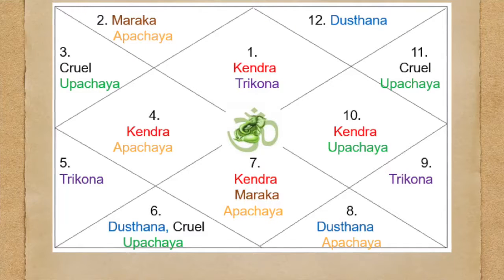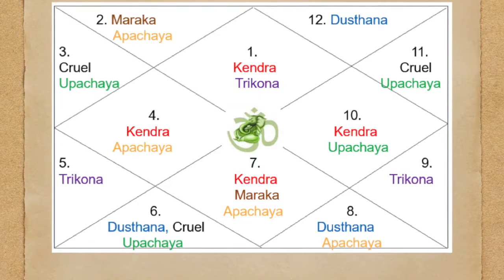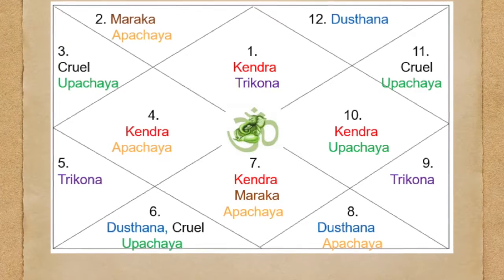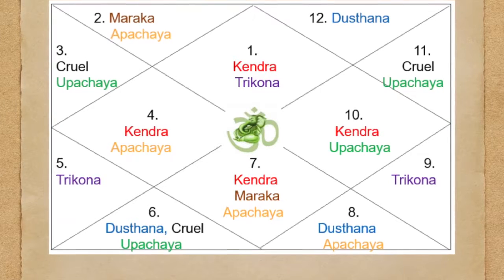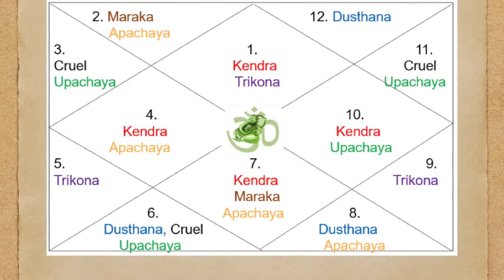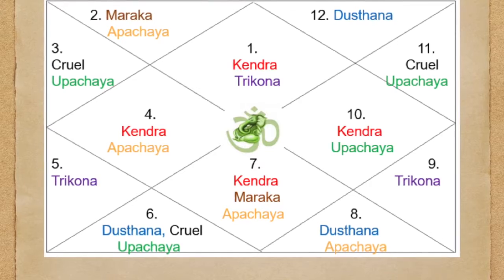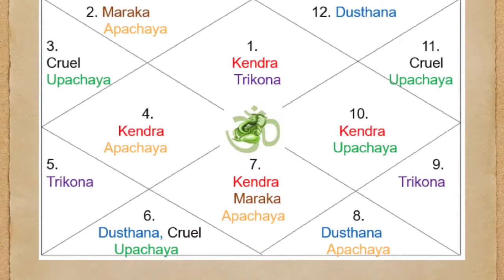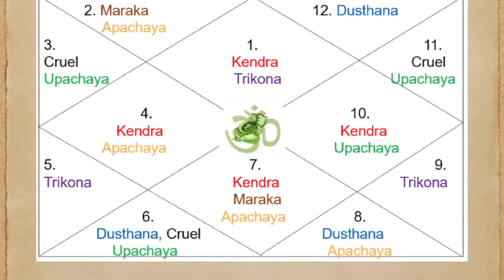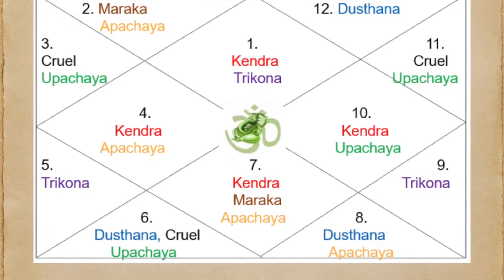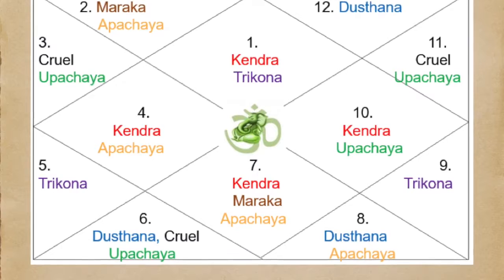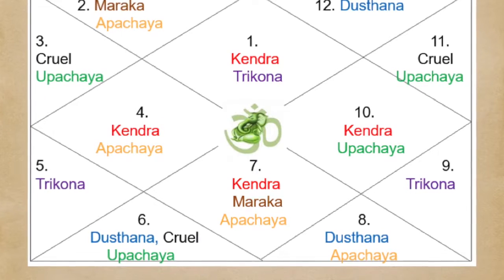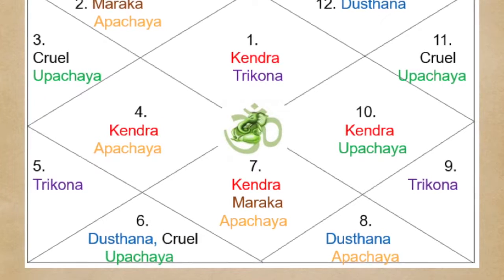What are Kendra houses? Kendra houses are 1, 4, 7, 10, the ones that you see in the rhombus. And these are the most auspicious houses because the first house is about yourself. The first house represents your personality, yourself, your appearance. The fourth house represents your home life, your mother, your property, your land, car, and all such things.